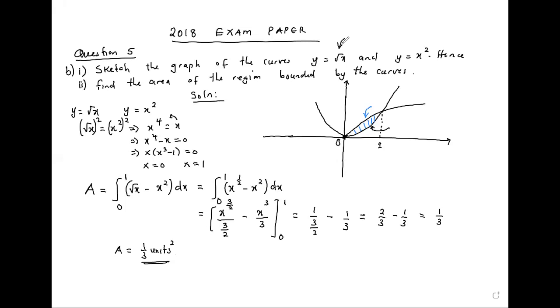The domain of root x is all x greater or equal to 0. And it has that family curve. So this is y equals root x, and this is y equals x squared.